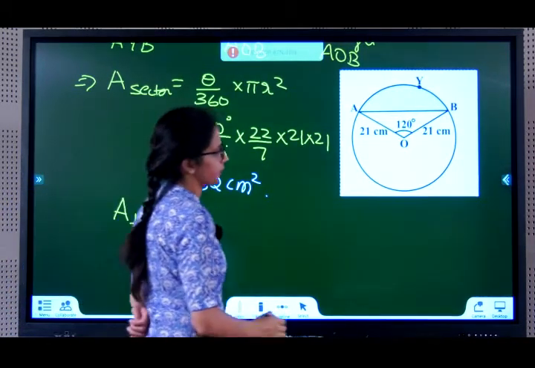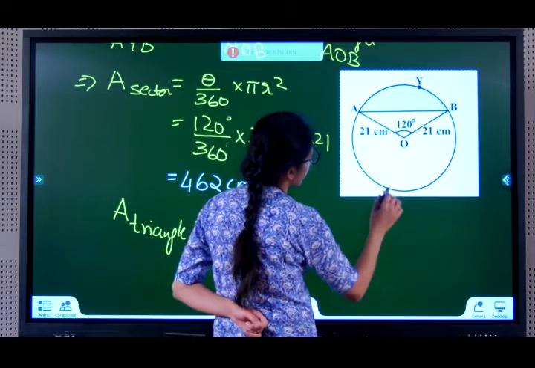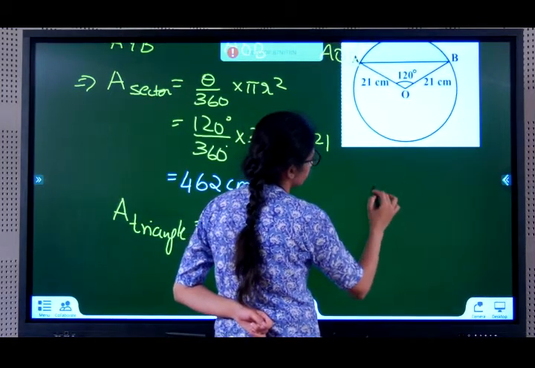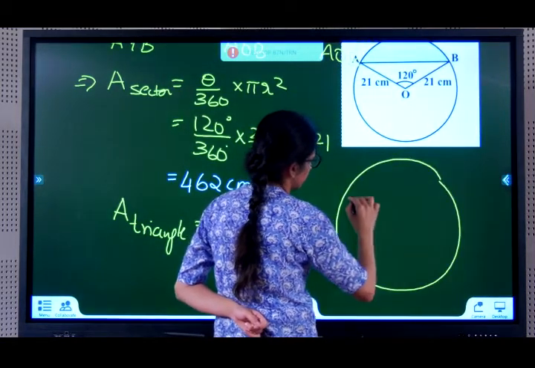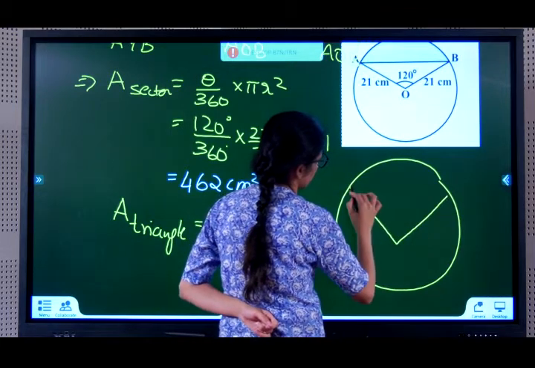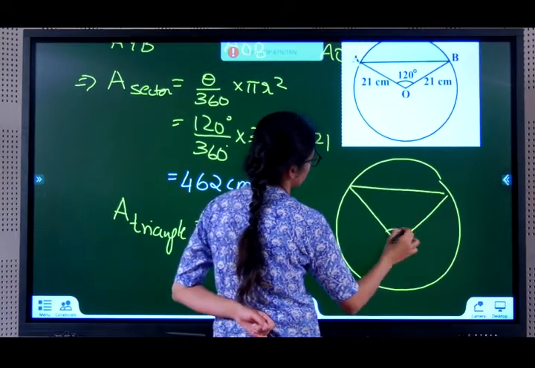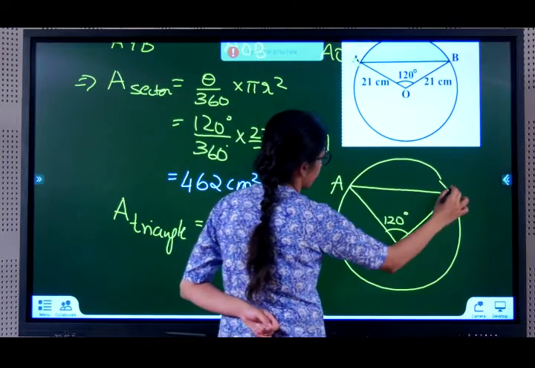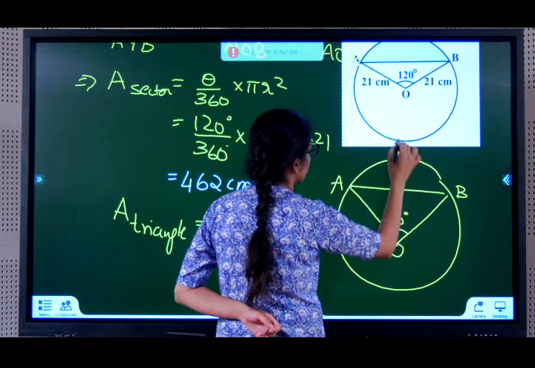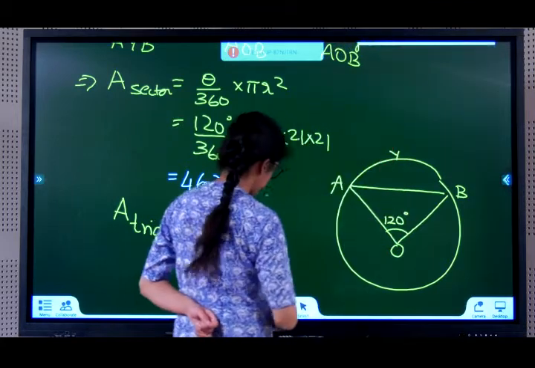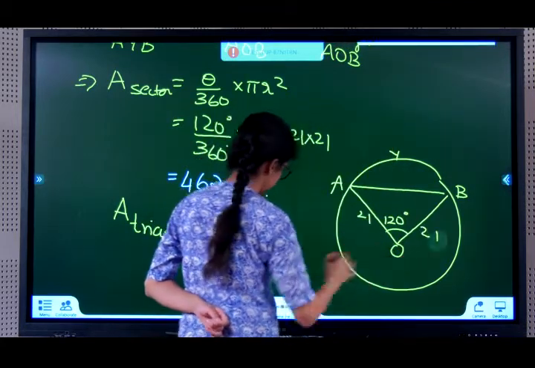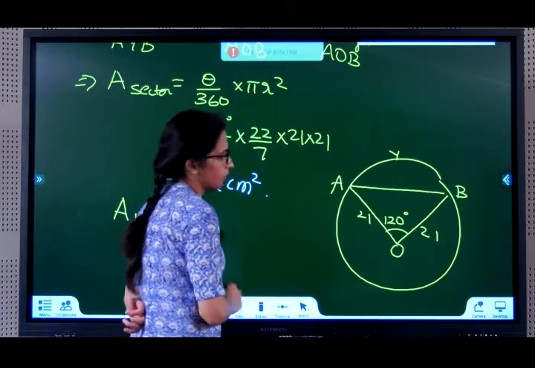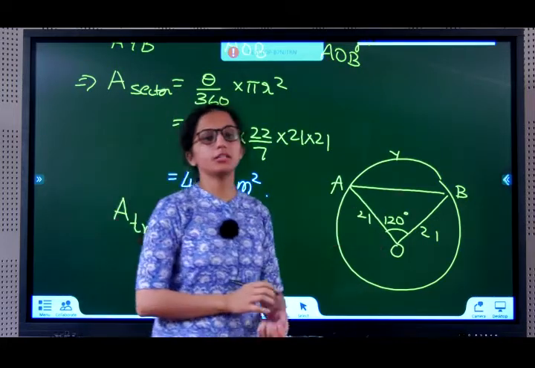Now to find the area of the triangle is the next question here. See, in this circle, what we are going to do here is drop a perpendicular from O to AB. Now the question is why?